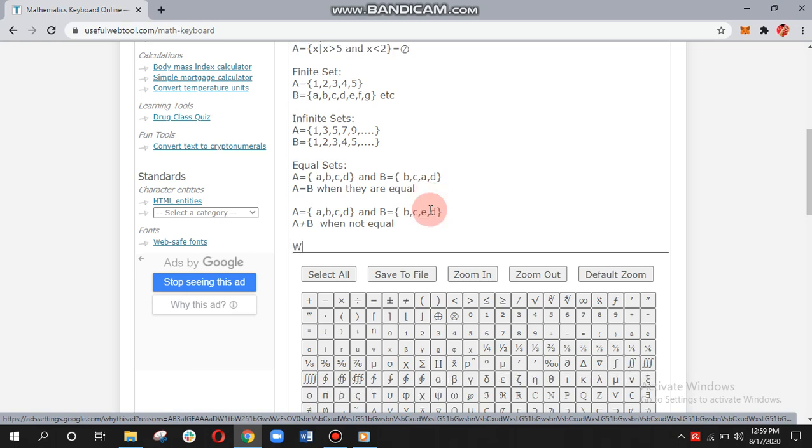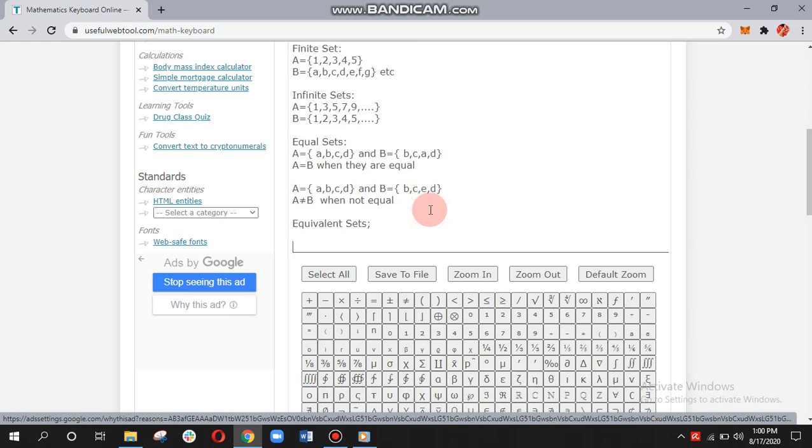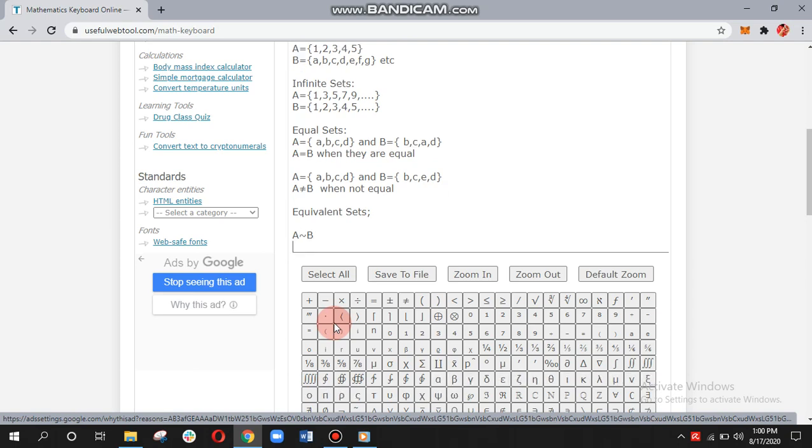Alright, further we are proceeding to equivalent sets. Two sets A and B are said to be equivalent if a one-to-one correspondence can be established between the elements. We can denote that with A is equivalent to B. How? Let's see an example.